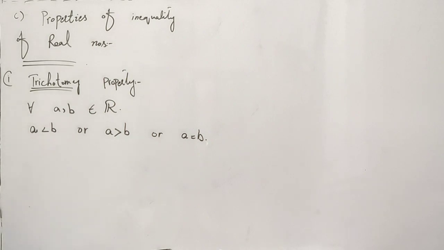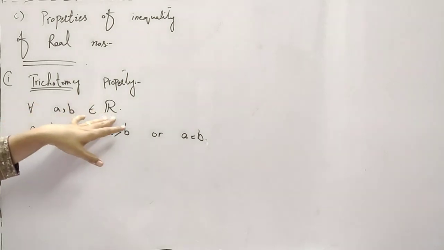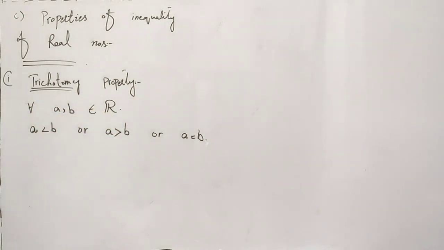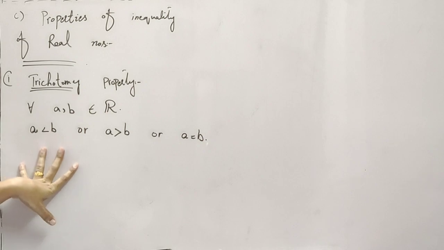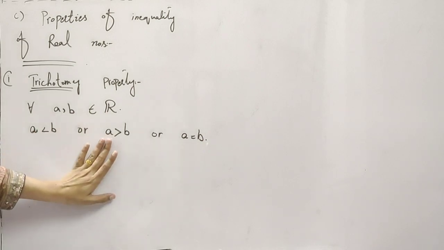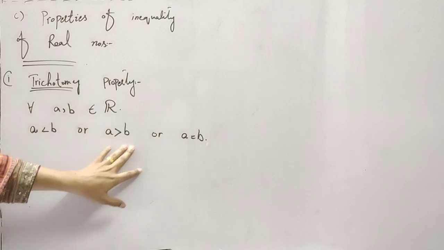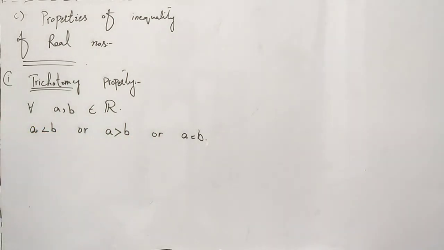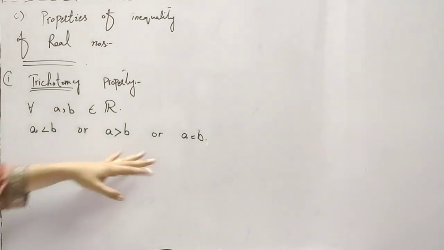If you take any two numbers from the real line, there are only three possibilities. Either the first number is less than the second, or greater than the second, or both numbers are equal. There is no other condition except these.